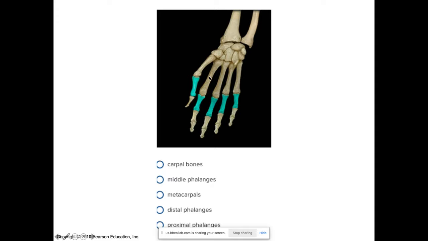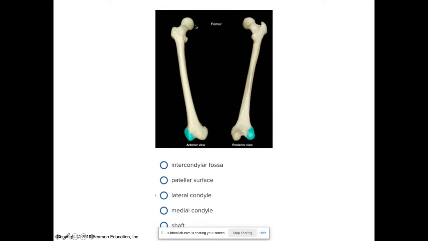There's 5, metacarpal 1, 2, 3, 4, 5. Before the metacarpals are the carpals. So you have 8 carpals, 5 metacarpals, and then you have your 14 phalanges. Proximal, middle, distal. The thumb only has a proximal and distal. There is no middle phalange.